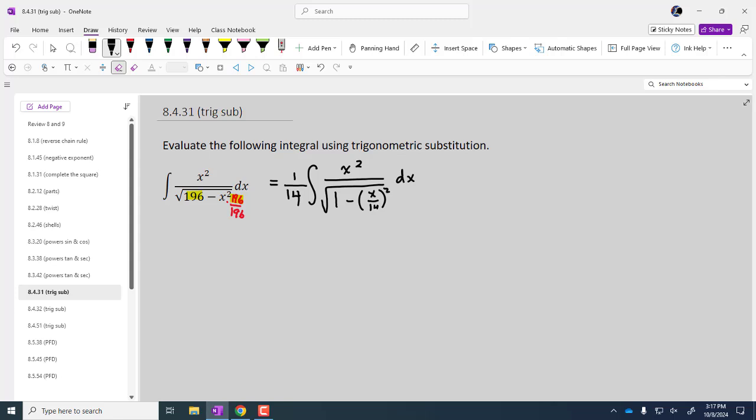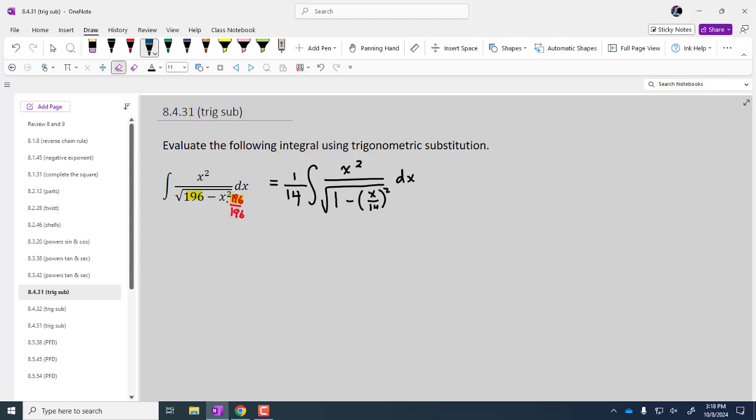We can't put negative tangent squared underneath the square root because we'd have imaginary results. Right? Only one of them works, sine, secant, or tangent. So we want to do sine because 1 minus sine squared is an identity, not 1 minus secant squared. So we'll go with sine.